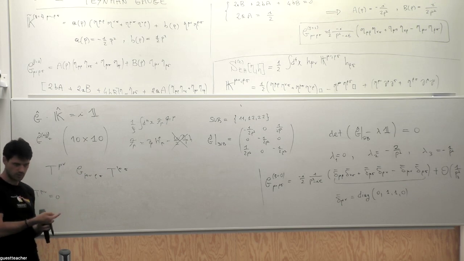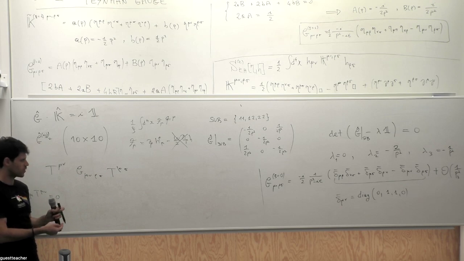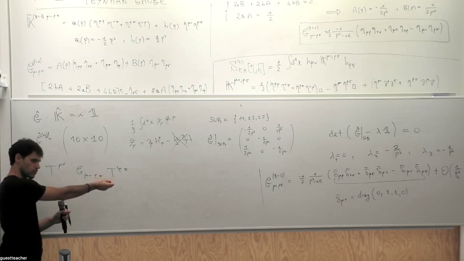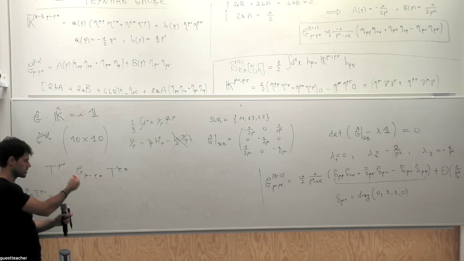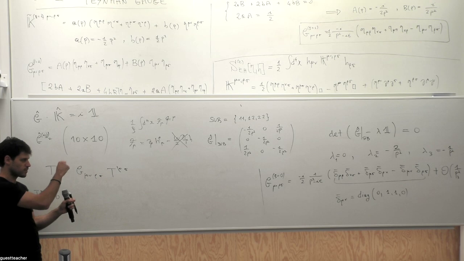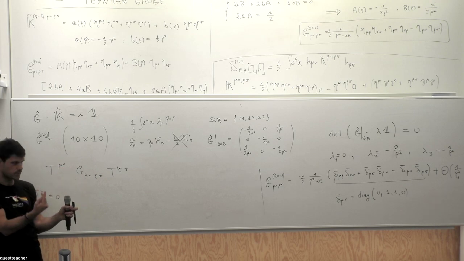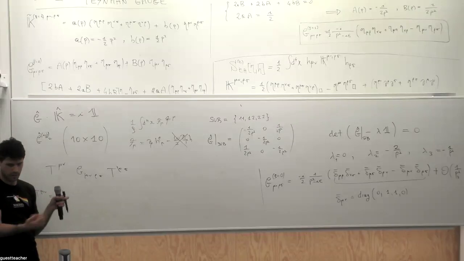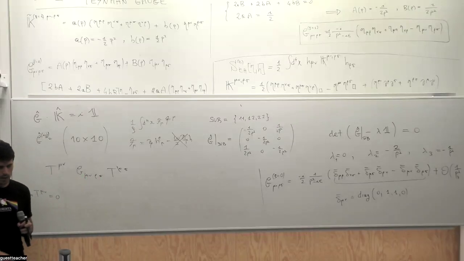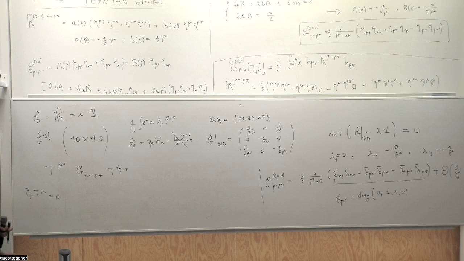But when you go on shell, the 0th component of the scalar part cancels the 0 component of the spin 2, and plus minus 1 of the spin 2 goes away because of gauge invariance. You are always left with plus 2 and minus 2. I would say this is a nice way to see the on-shell content without even computing an amplitude.